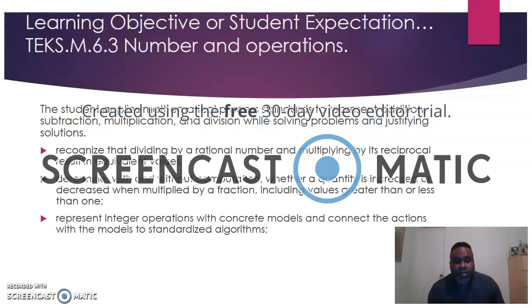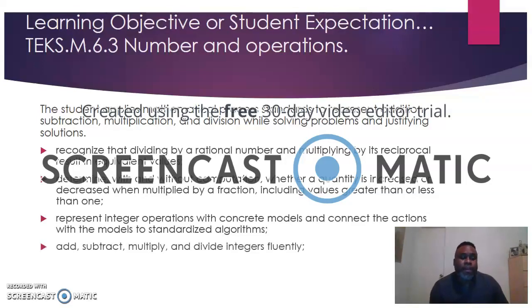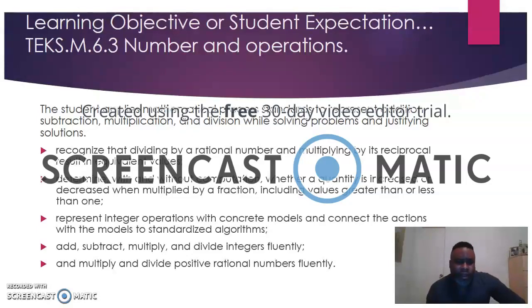Represent the integer operations with concrete models and connect the actions with the models to standardized algorithms. Add, subtract, multiply, and divide integers fluently. And multiply and divide positive rational numbers fluently.